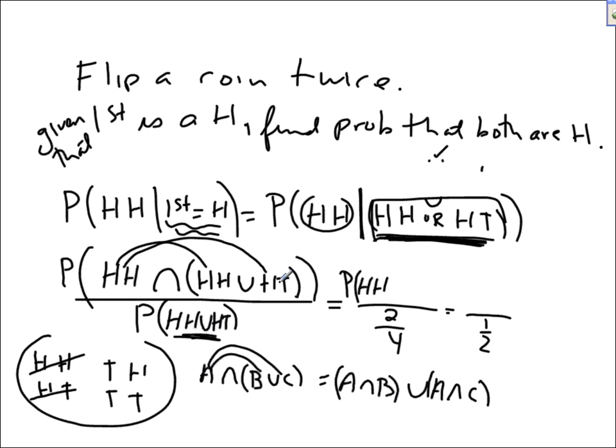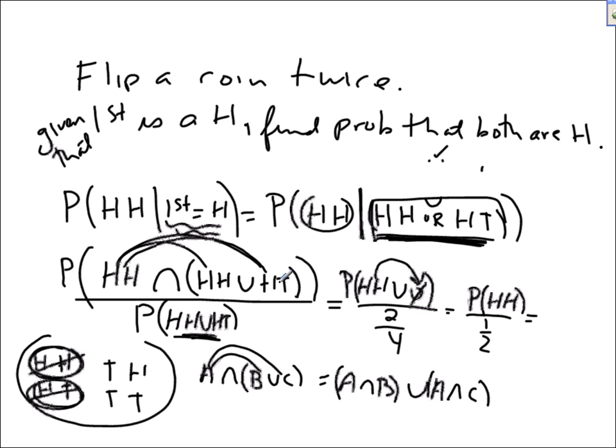HH intersect HT, that's the empty set. HH and HT, this one and this one, the intersection is empty. They didn't have the same results. Union with the empty set, you just get back HH. Anything, add on the empty set, union means add on, you just get the original set.